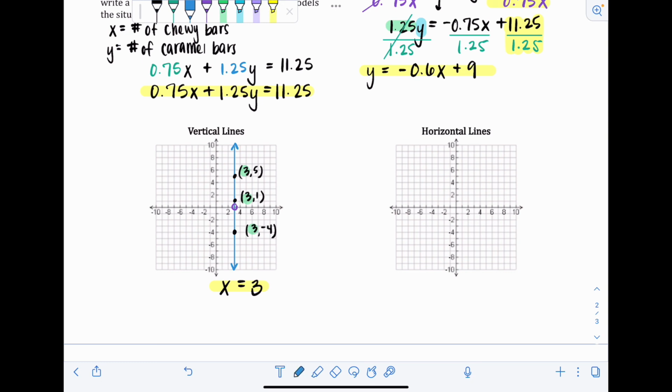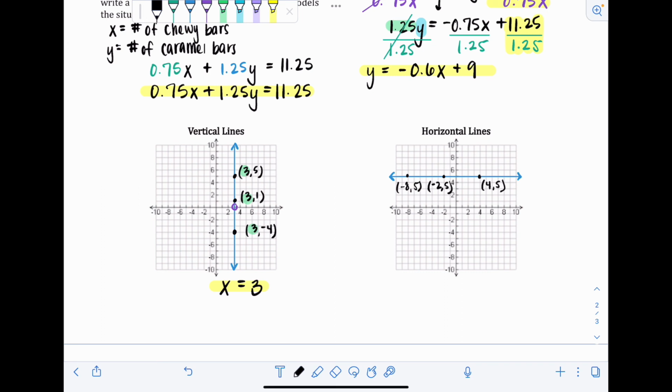And then for horizontal lines, let's say I draw this line, and then pick a few points on that line. So this is 4, 5. This is negative 2, 5. Over here, negative 8, 5.